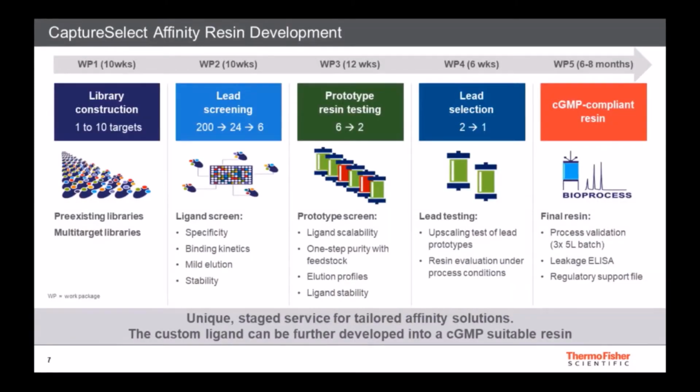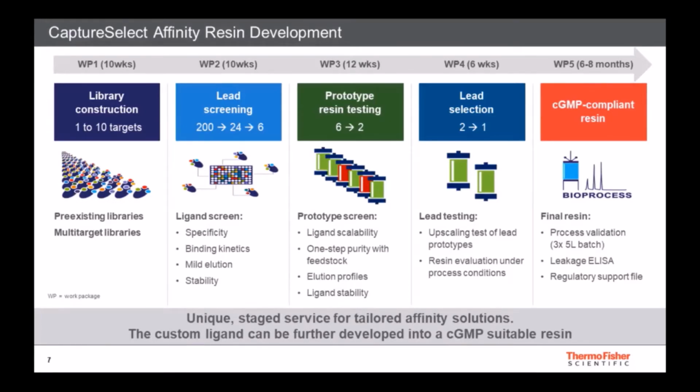And so on the next slide, we can walk through really the five-step process with which we generate affinity resins, both starting at the ligand phase and then really manufacturing the GMP compliant products at the end. So we actually follow a work package program, and it's divided into 5 sections. And the first section is the library construction.